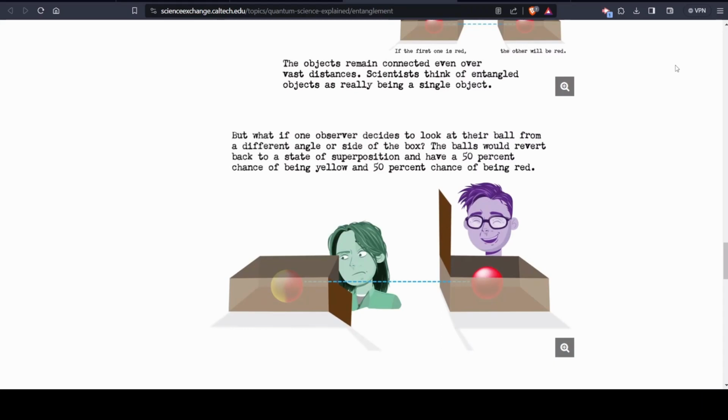So this was just one way that scientists have tried to explain these sort of non-relativistic effects. That it's not really sending information from one particle to the other, but it's basically one particle or one object that's kind of been pulled into two different locations.